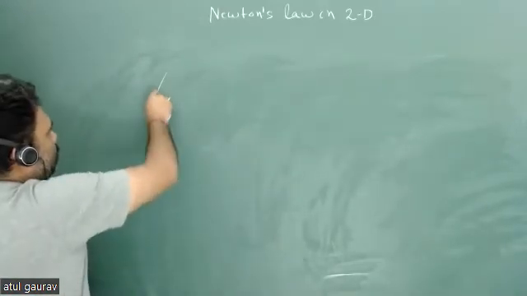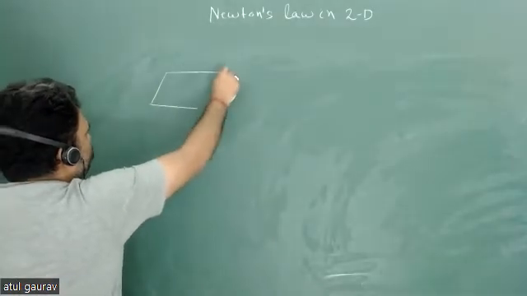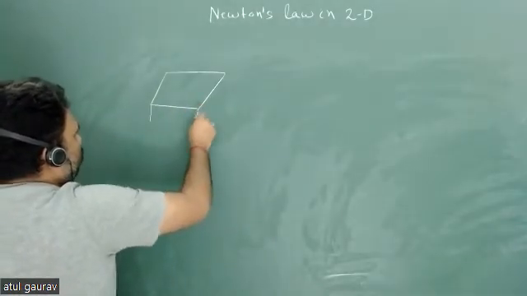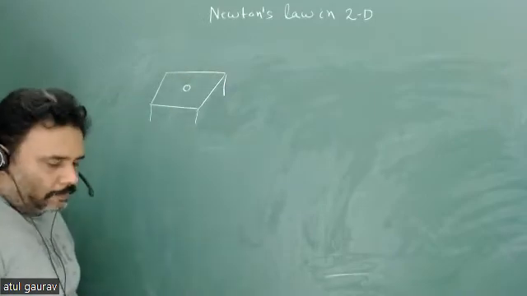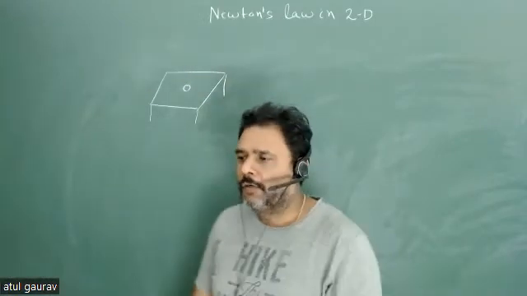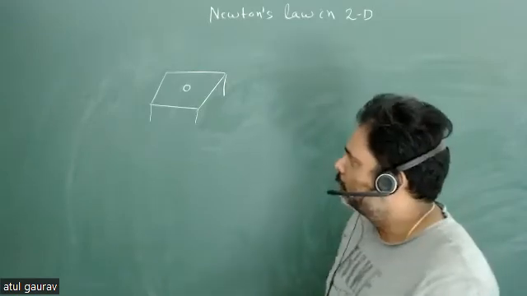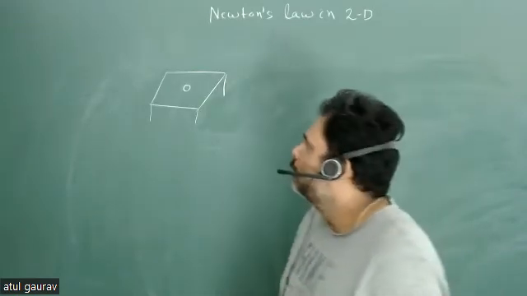So there is a surface of a table. This is your surface of the table and there is a hole on the surface of the table, and each and every problem is given in your booklet also, so don't worry, you can revise from there also.